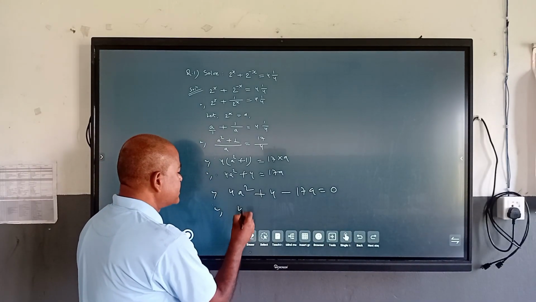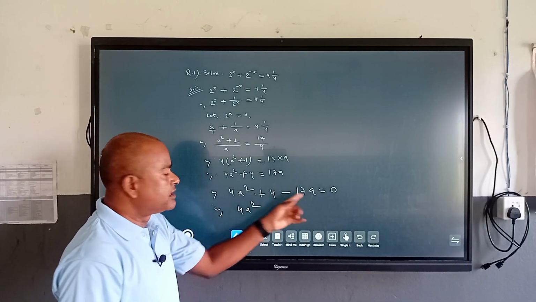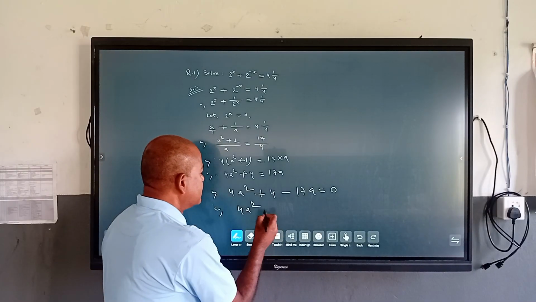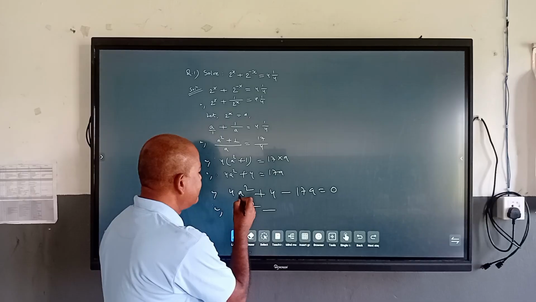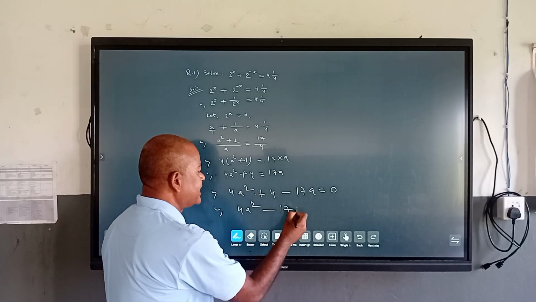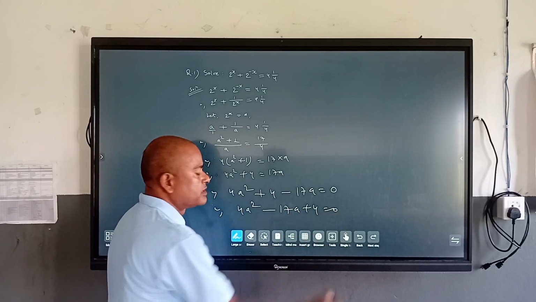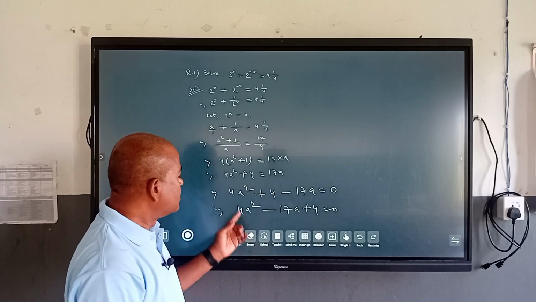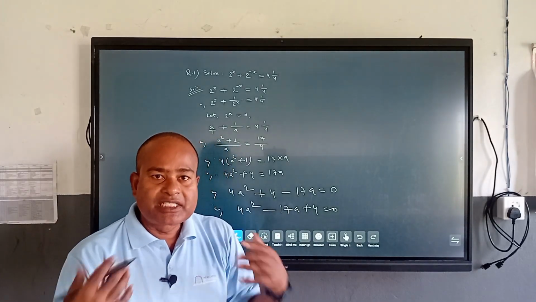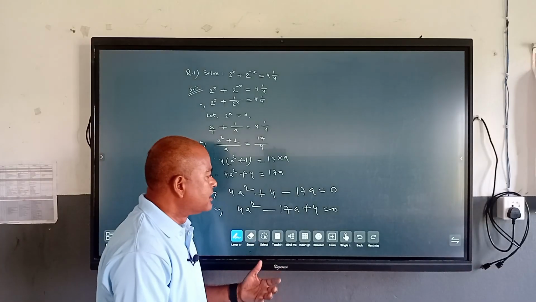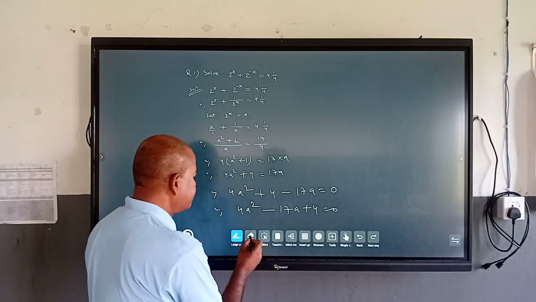Let's arrange the terms according to the descending power of a. So we have 4a square minus 17a plus 4 equals 0. Dear students, now 4a square minus 17a plus 4 equals 0 is a quadratic equation. So let's solve it.